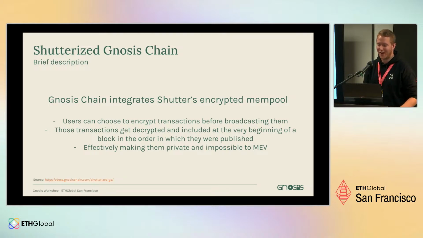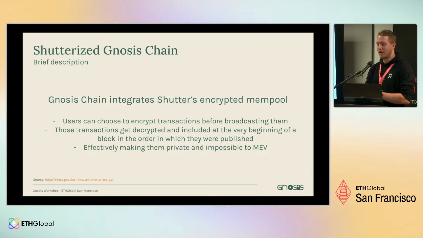The way it works is that normally when you post a transaction, it's visible to anyone in the mempool, meaning people can just take the transaction and sandwich it or front run it or do whatever they want with it in order to extract value, otherwise known as MEV. What Shutter does is let you sign your transaction, then encrypt it and post it on chain. Then it goes to a sequencer contract that defines in which order those transactions will get executed.